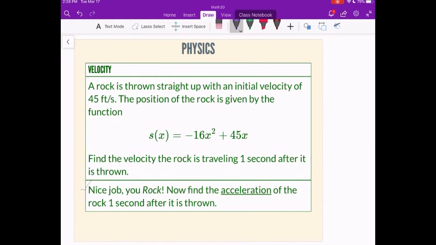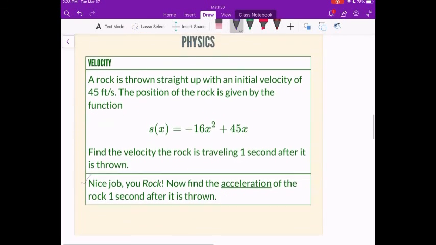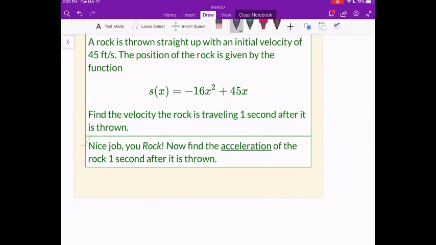So now we want to find the acceleration after it's thrown. We haven't actually done this in our class yet, but the idea is that acceleration is how fast our velocity is changing. So if we look at our derivative, s prime of x, we can think about how fast is that changing over time.